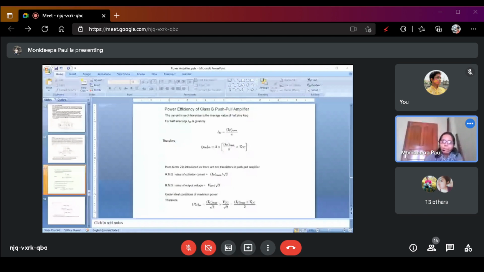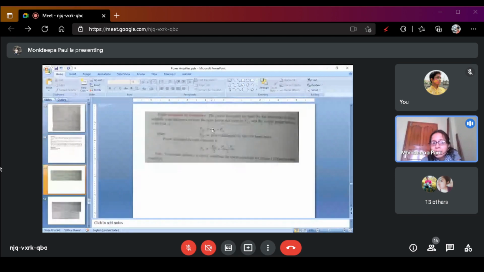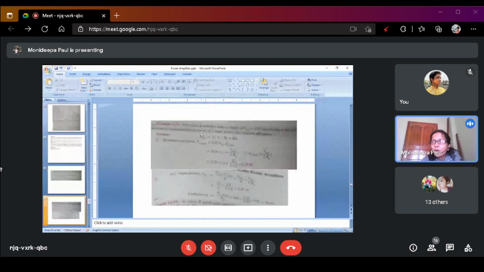Okay, but in this problem you see maximum load power. Load power means output power or input power? Output power, ma'am.